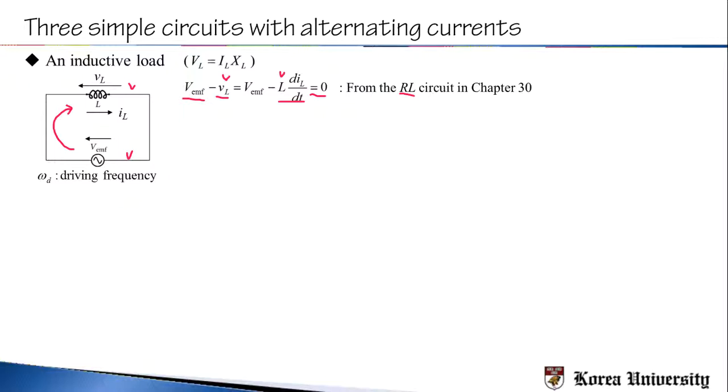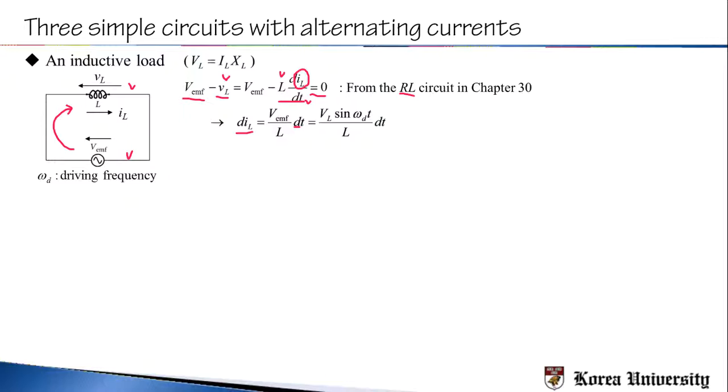Okay, so here finally we want to know this current in the inductor. So how do we get this out? Now this is in the differential form, so we can rewrite this so that the small change in the current in the inductor is equal to the VEMF divided by the inductance multiplied by the small piece of time, right?